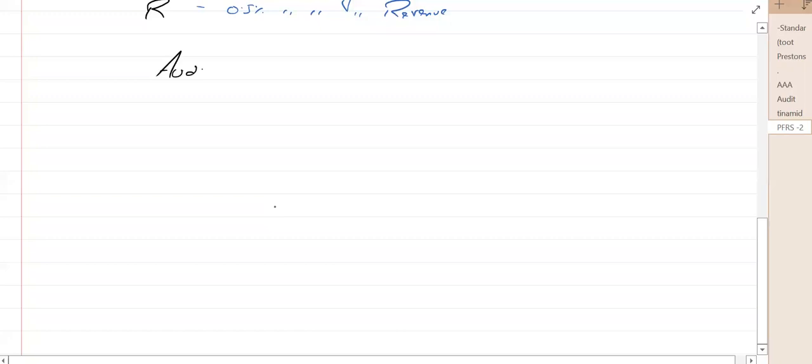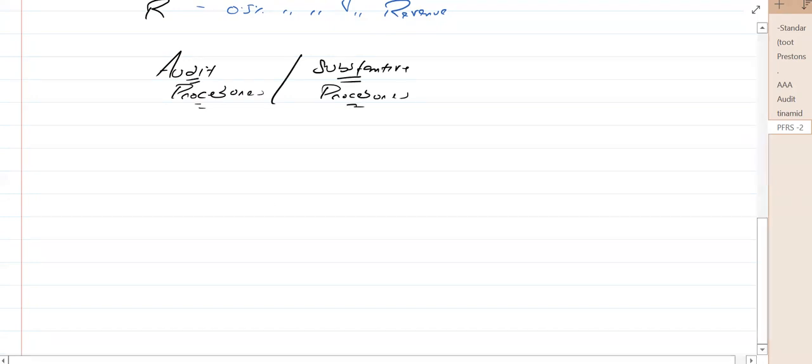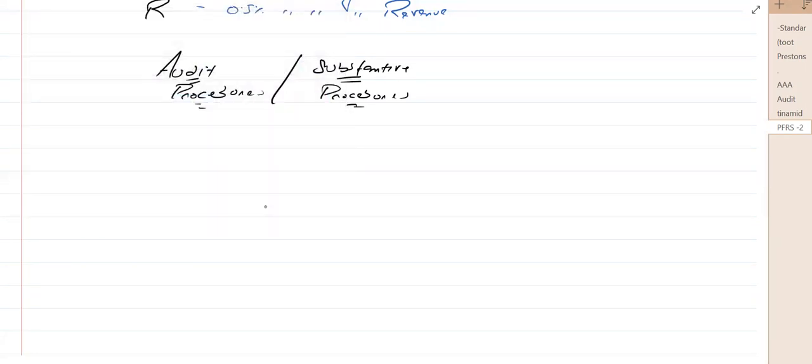So let's discuss the audit procedures or substantive procedures. Audit procedures are basically of two types. When you are testing the system, that is known as the test of control, but when you're talking about the financial statement figures, they are known as the substantive procedures. Now, I've given you some useful techniques for how to make the procedures.